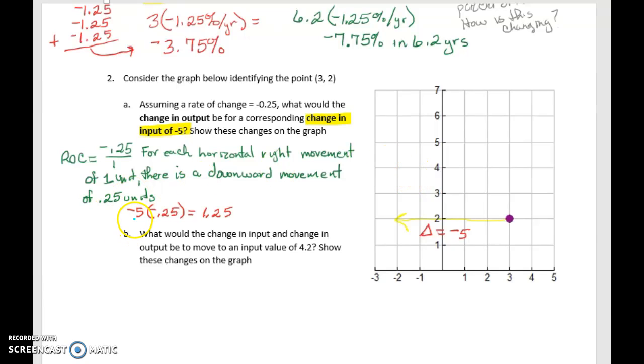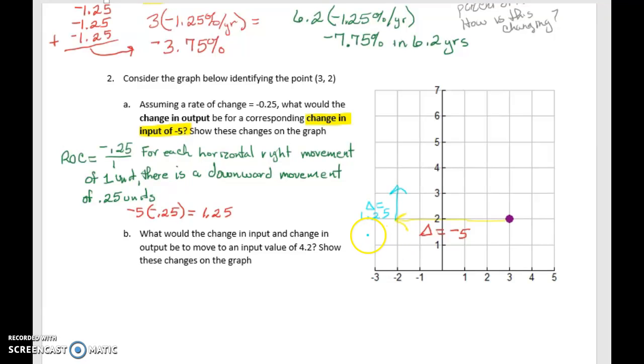So negative 5 times negative 0.25 is going to be an upward movement, because instead of going right and downward, we're going left, which means we'd have to go upward. We're going to go up 1.25 units.